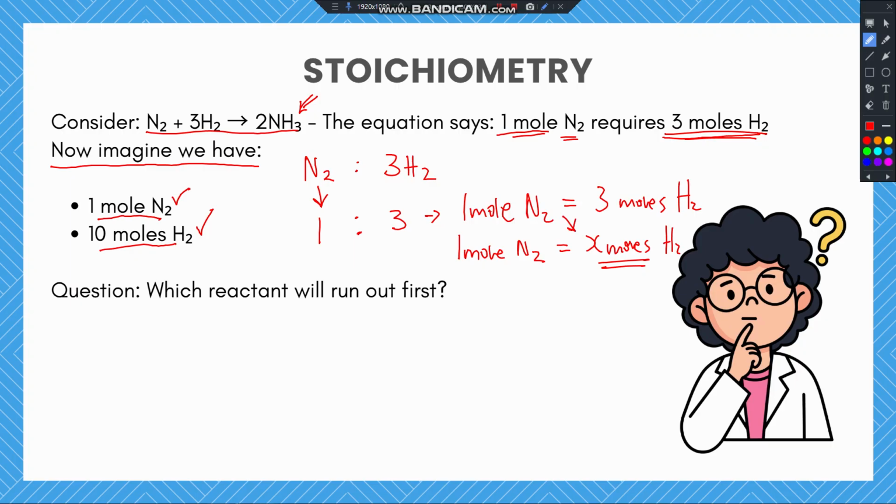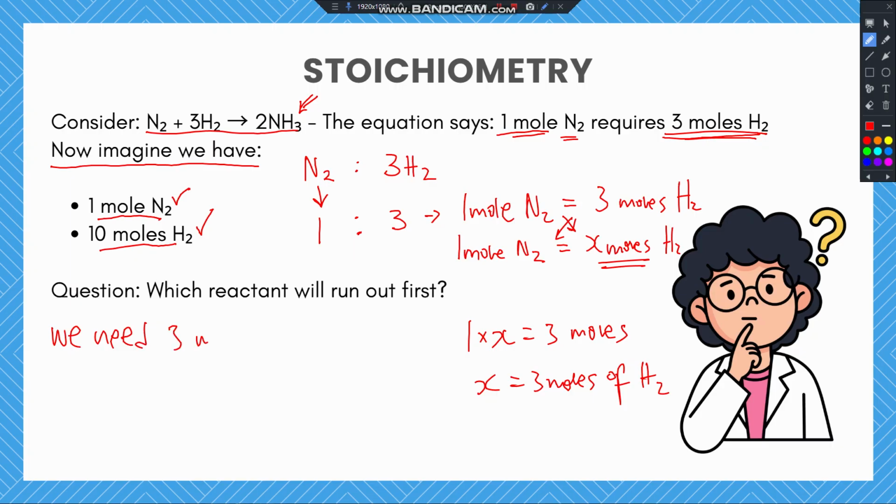So if I cross multiply, I have 1 times X being equal to 3 moles. So X is equal to 3 moles of hydrogen. But watch this now. It means we need 3 moles of hydrogen, H2. But what do we have?